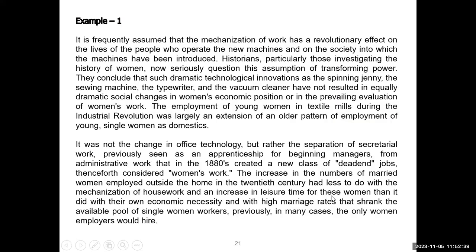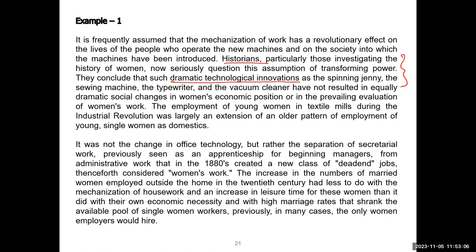Let's go back. Let us scan. When we scan, we see that it is mentioned over here. That means my answer is in this portion. If I read this portion, I'll come to the answer. So I will start from here. Historians, particularly those investigating the history of women, now seriously question this assumption of transforming power.